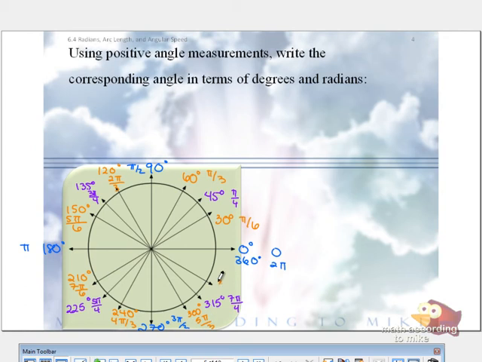And lastly, 330 degrees is 11 pi over 6.